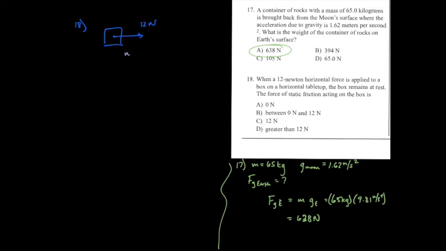That's when the objects will start to move and overcome that static friction. And so here, if it stays at rest, no matter how hard you push, that means our static friction here is going to be greater. It's still a lot of static frictional force acting on this object. And so if we push with 12 newtons, that means our static friction has to be greater than 12 newtons. Choice B.